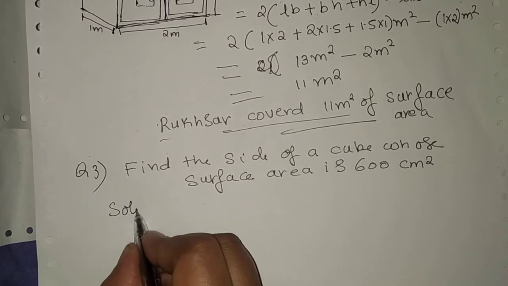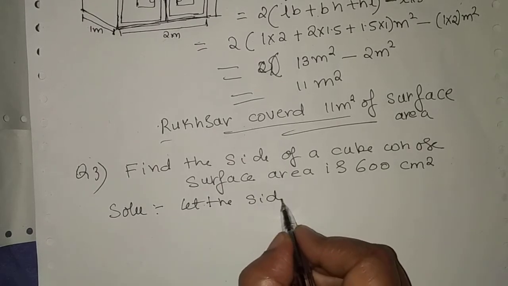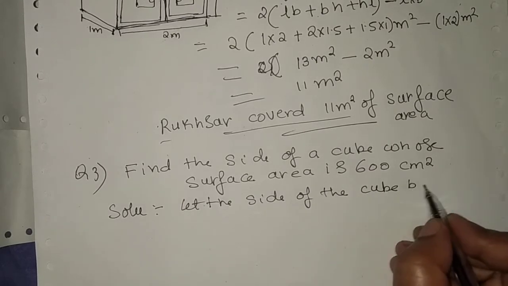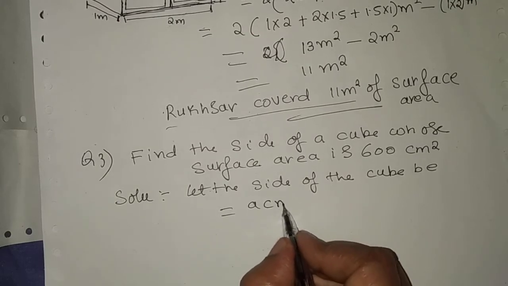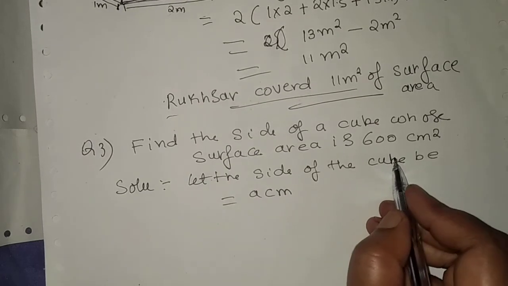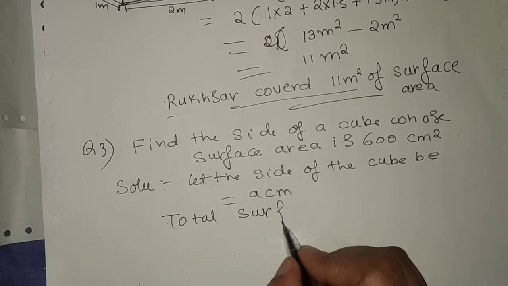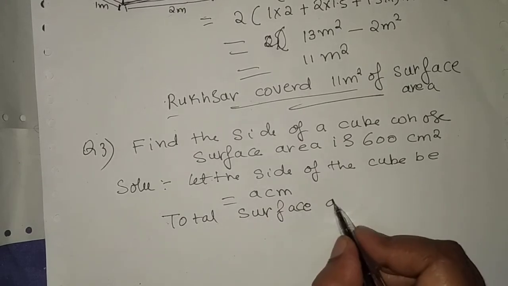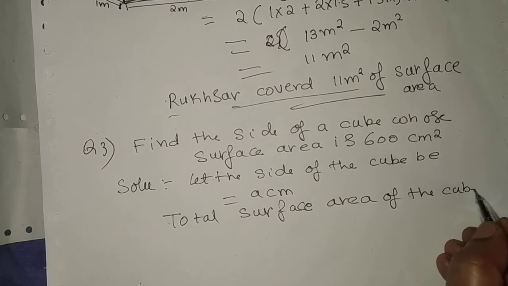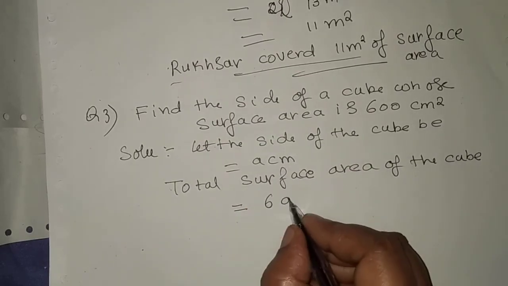First we'll let the side of the cube be a centimeters. The side is not given, therefore we assume the side of the cube is equal to a centimeters. Finally, the total surface area of the cube, since a cube has 6 sides, is 6 a square.